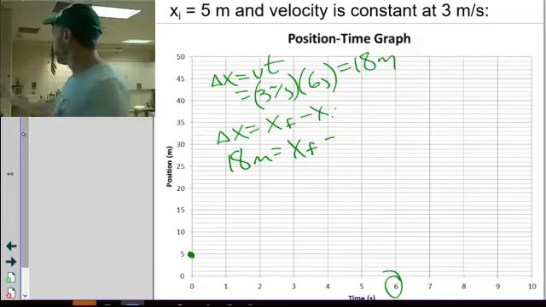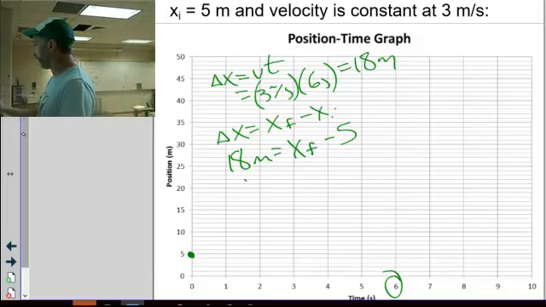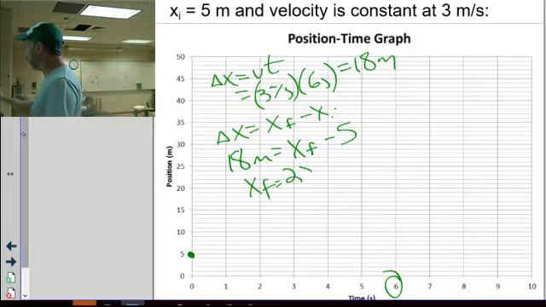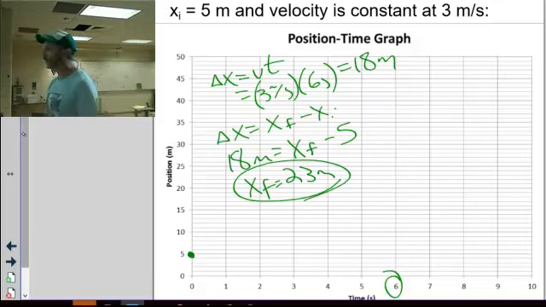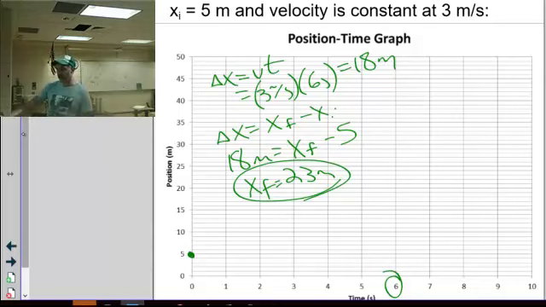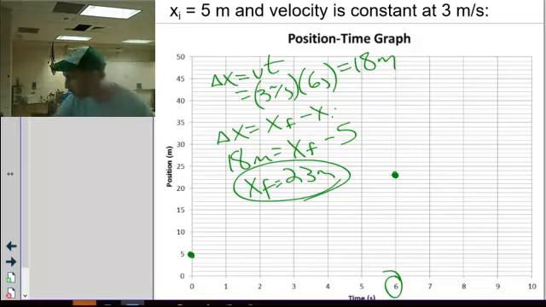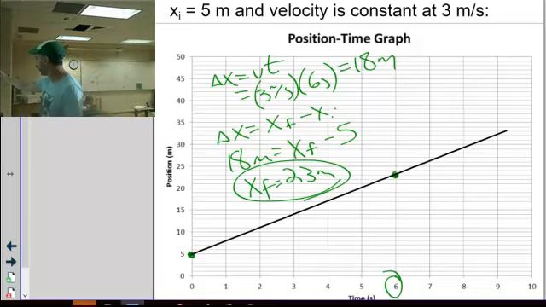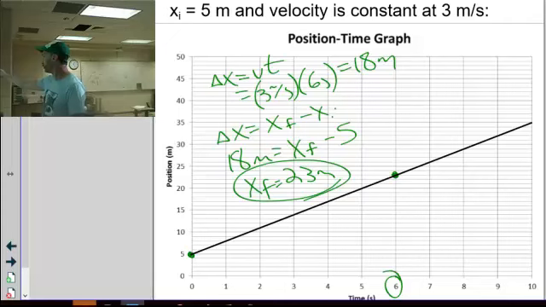I started at a position of 5. So my final position is 23. So what I just figured out is after 6 seconds, my position is 23. So I'm going to go over here. Position of time of 6, position of 23 is right here. And then I just connect the dots. All right, so there we go.